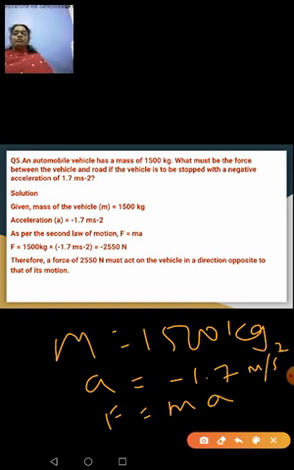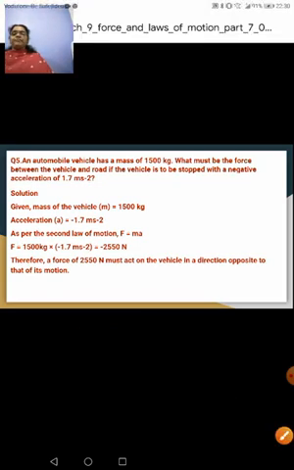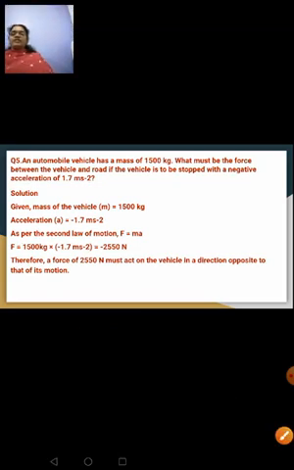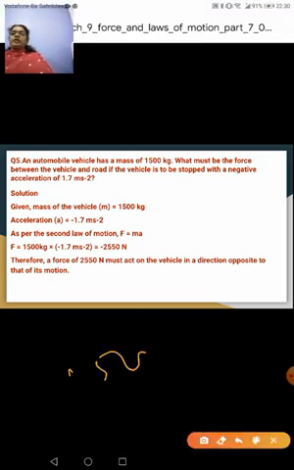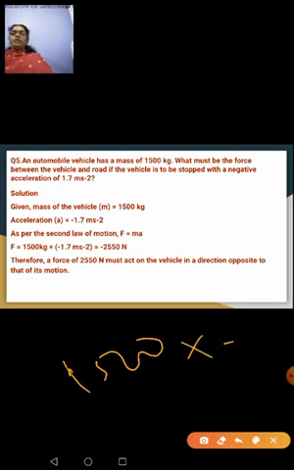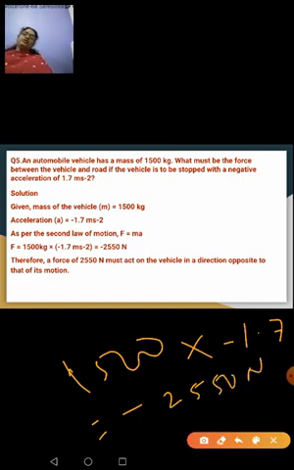So you have to multiply both these quantities, that is 1500 into minus 1.7. So this is a positive number, here you have a negative number. So plus into minus is minus, the answer will come with a negative sign. So minus, when you multiply 1500 and 1.7, it gives you 2550 Newton.